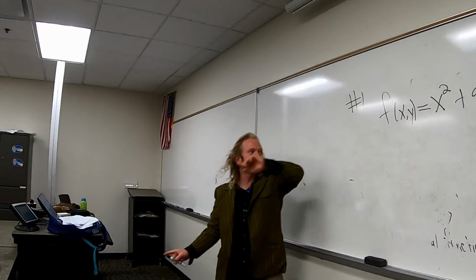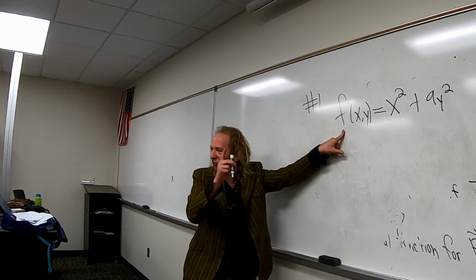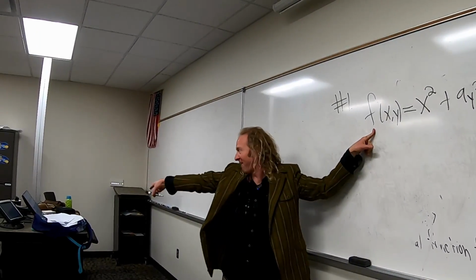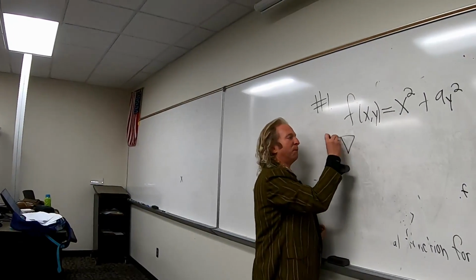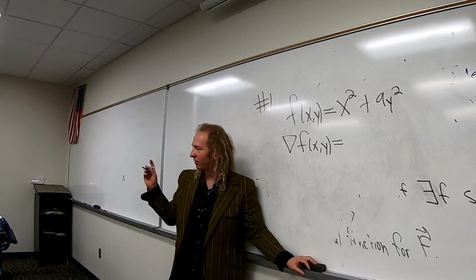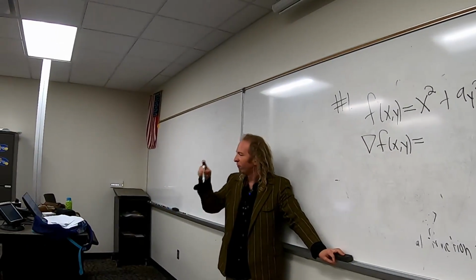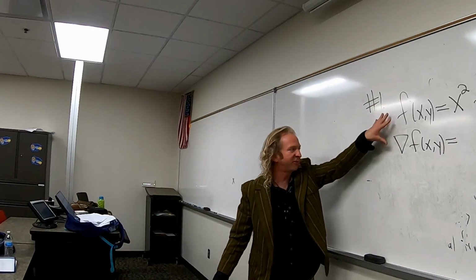We don't even need any of this. So let's do it. Because if this is a potential function, then the conservative vector field is the gradient.